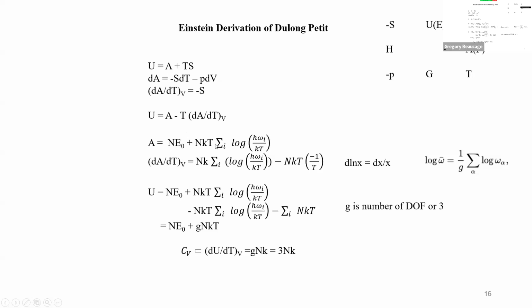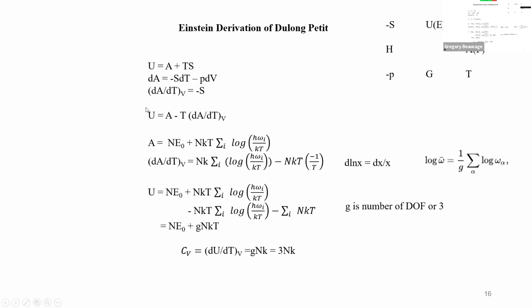The first term doesn't have any T, and this term has T in it, so it's the derivative of the first times the second, plus the derivative of the second times the first, using the rule that the derivative of log x is dx over x. So you can substitute that derivative basically for minus 1 over T if you figure it out.